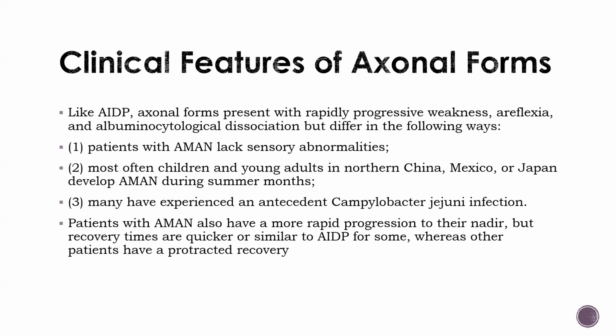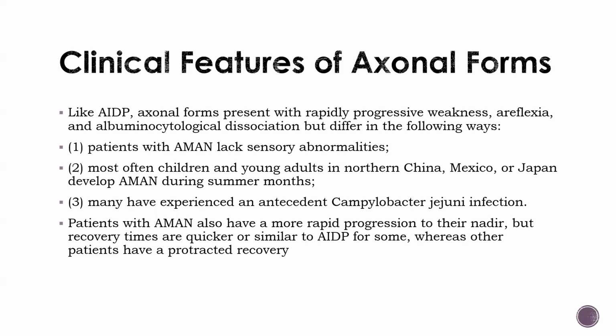Like AIDP, the axonal forms present with rapidly progressive weakness, areflexia, and albuminocytological dissociation, but differ in the following ways. Patients with AMAN lack sensory abnormalities, and most often children and young adults in northern China, Mexico, and Japan develop AMAN during summer months.